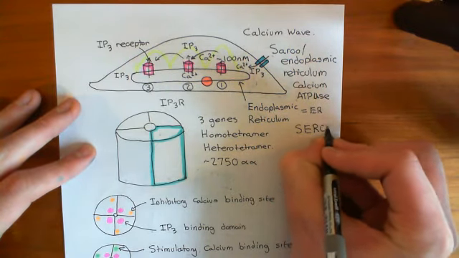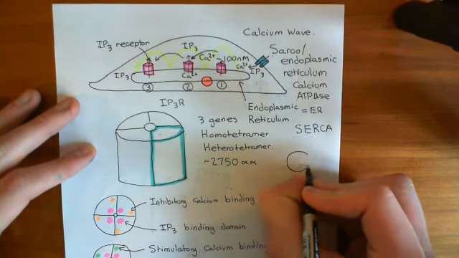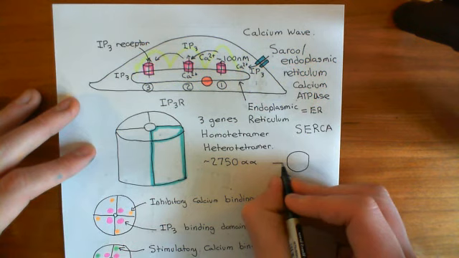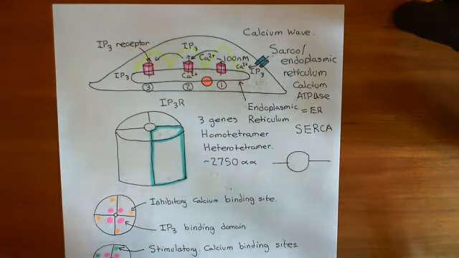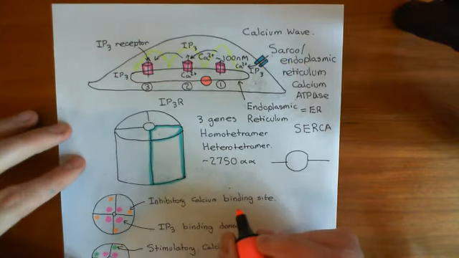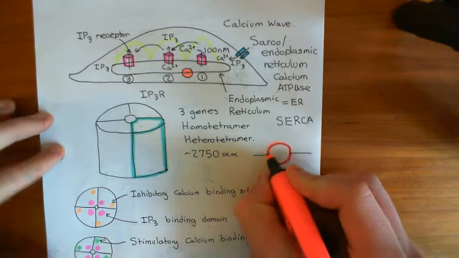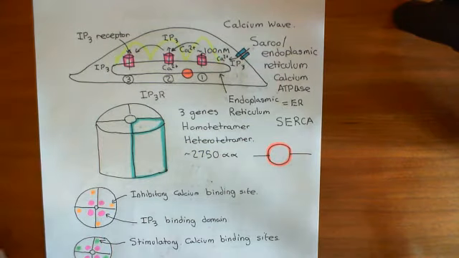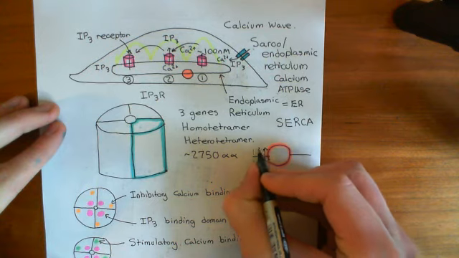Now the SERCA pump, if I draw it here again, because it's a bit cramped up there. So here's the ER membrane, here's the SERCA pump, which I'll draw in red here. What the SERCA pump does is it pumps 2 calcium ions into the lumen of the endoplasmic reticulum.